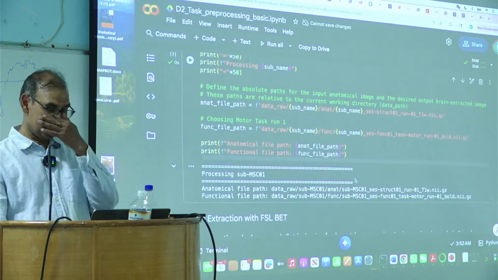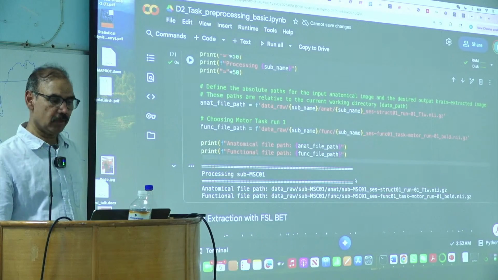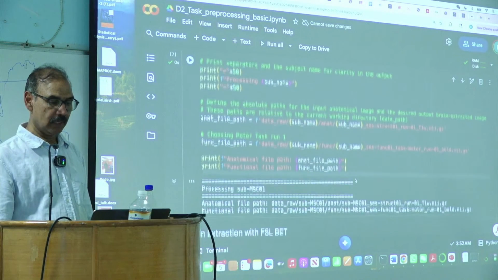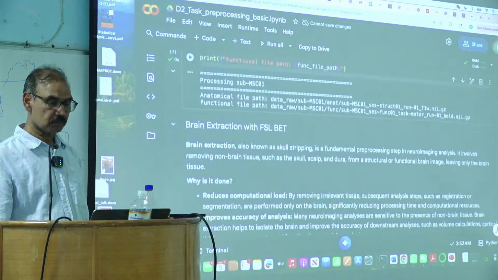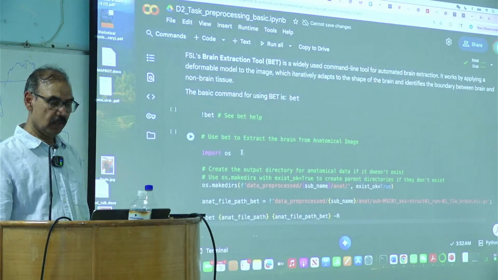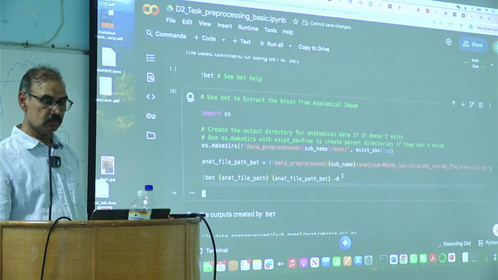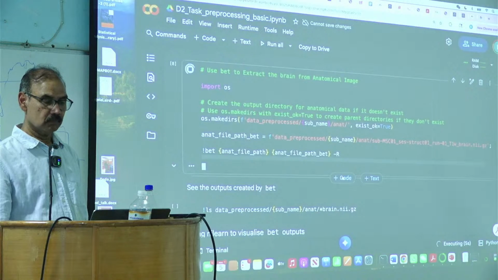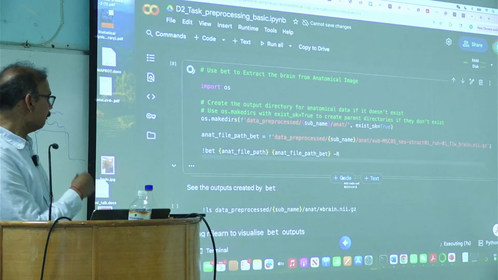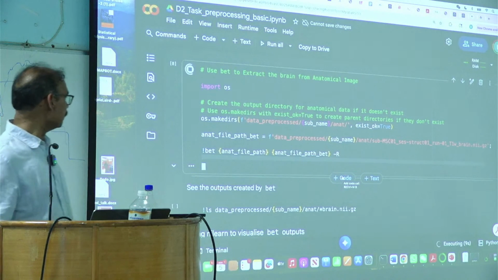Okay, so it read through subject 1, MSC 1, and then we are doing brain extraction.